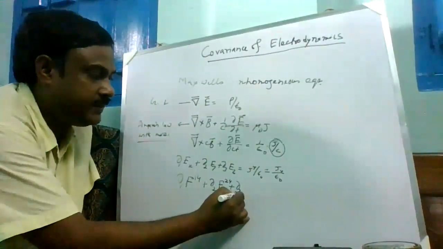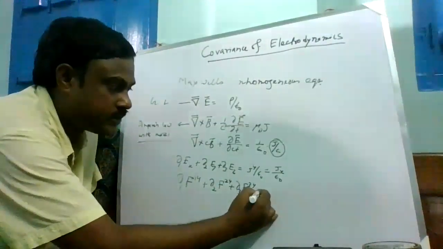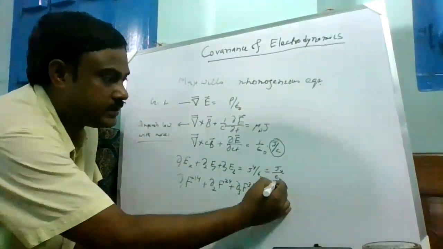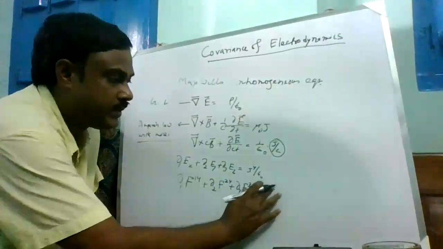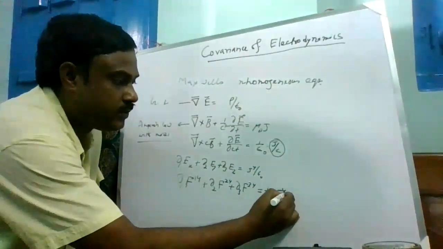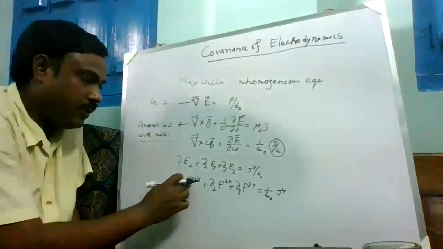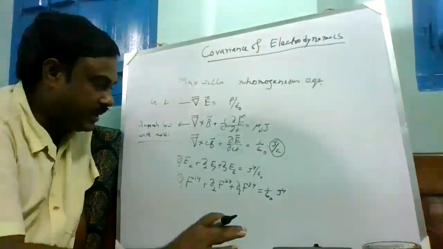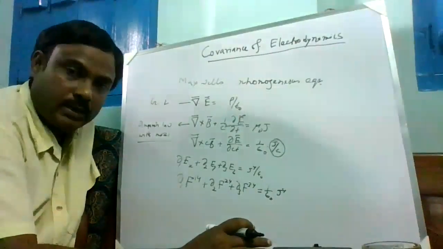This was del 3 F 3 4 equals 1 by epsilon 0 J4. You see, there is a pattern 1 1, 2 2, 3 3, but at once you can see that since it is a 4 vector, then there will be another term.